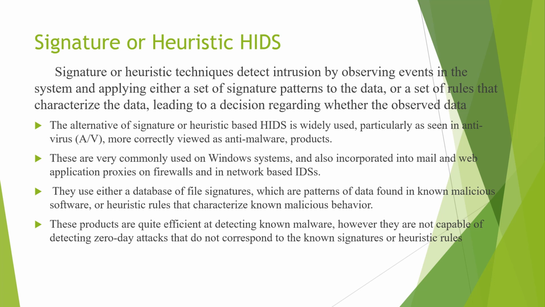They use either a database of file signatures, which are patterns of data found in known malicious software, or heuristic rules that characterize known malicious behavior. These products are quite efficient at detecting known malware.